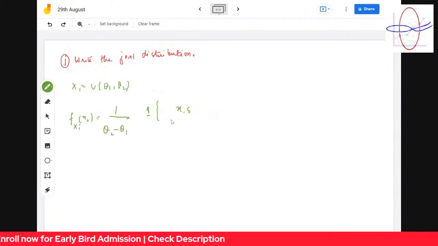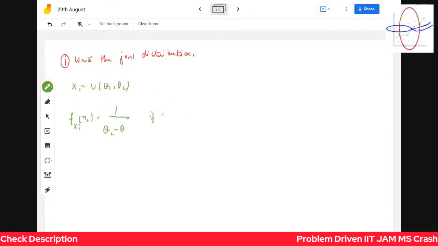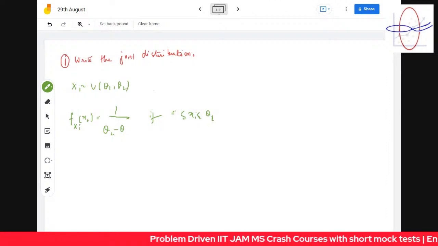We write the PDF like this: if xi is between theta1 and theta2, and 0 otherwise.